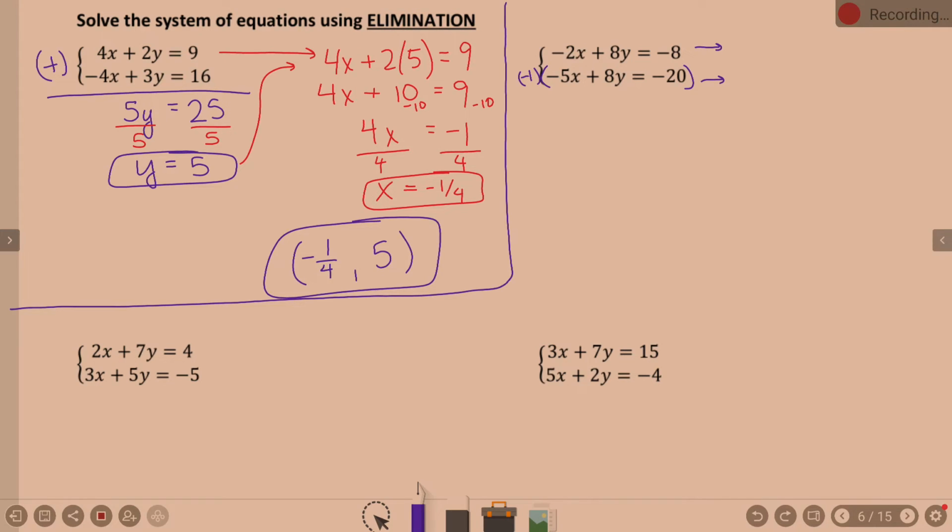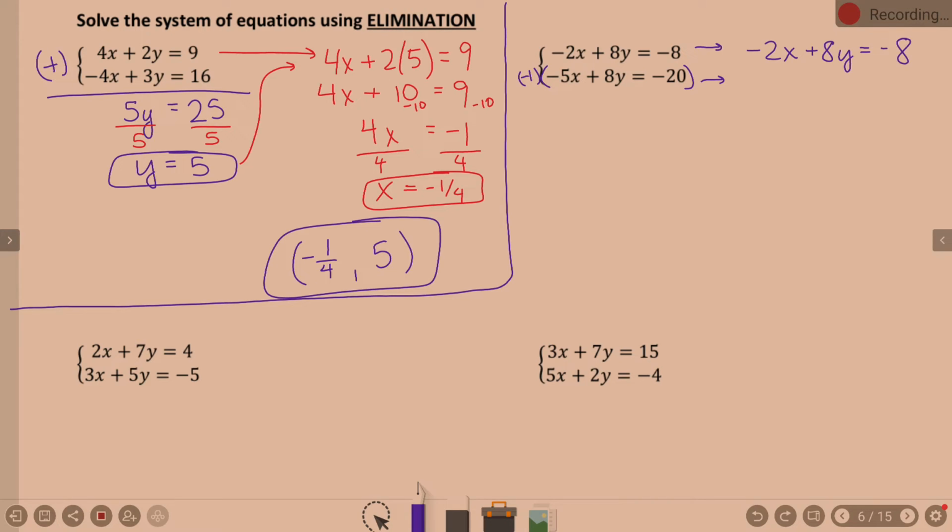And I'm going to rewrite my equations. The top equation I'm going to keep as is. -2x plus 8y equals -8. The bottom equation, when we multiply by a negative, basically we're changing all the signs.